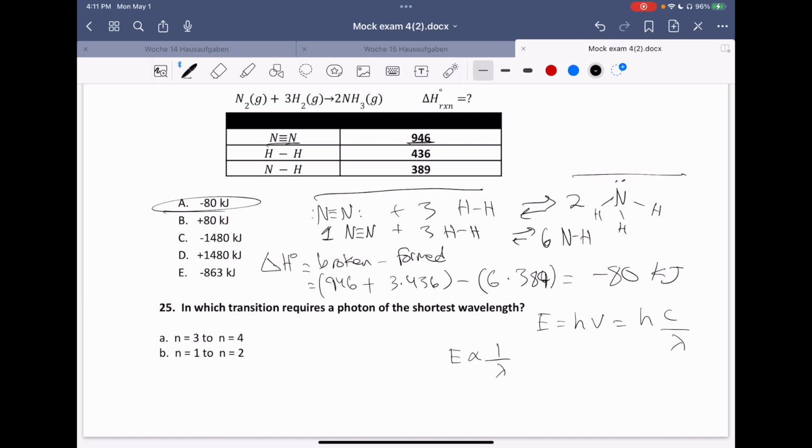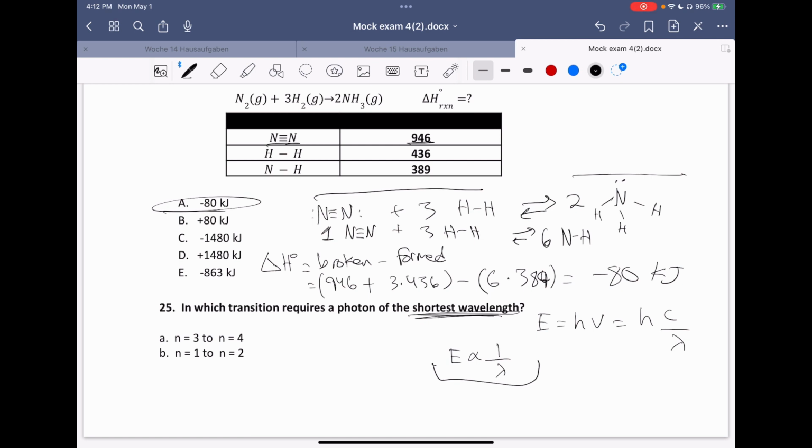The greater the wavelength, the smaller the energy, and the smaller the wavelength, the greater the energy. This question is asking for the shortest wavelength, so using this proportionality, the shortest wavelength is going to be the greatest energy, which is going to be the greatest jump between energy levels.